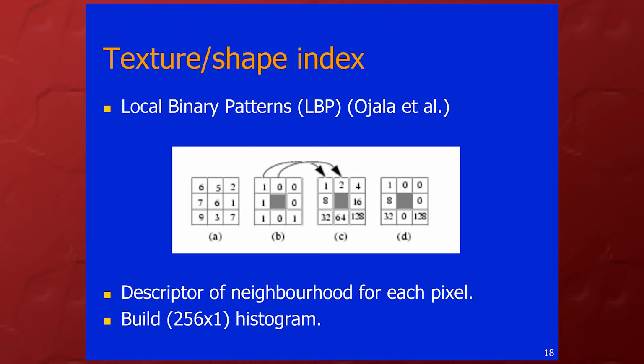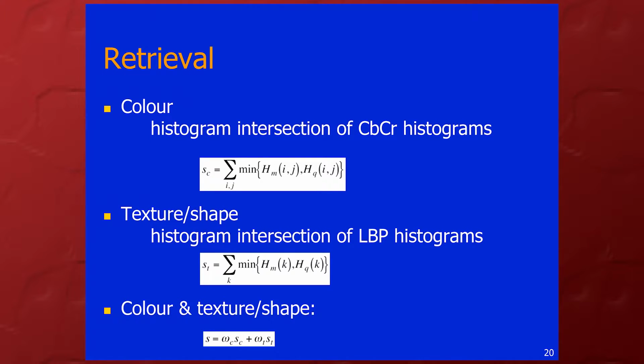That's just a transformation that we do beforehand. So we've got color information, effectively a color histogram, and a texture histogram. We have both of these kinds of information readily available in the JPEG stream, and we can therefore perform image retrieval based on a combination of color and texture shape.